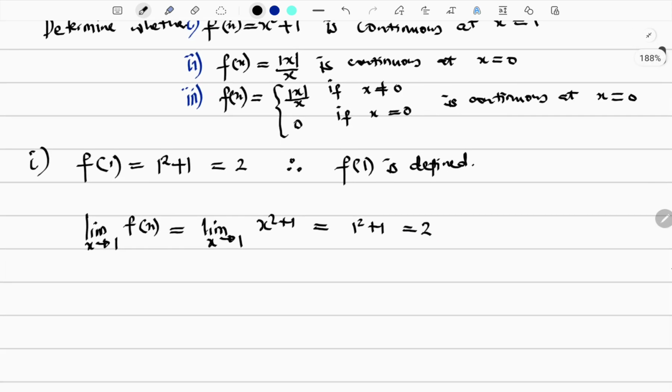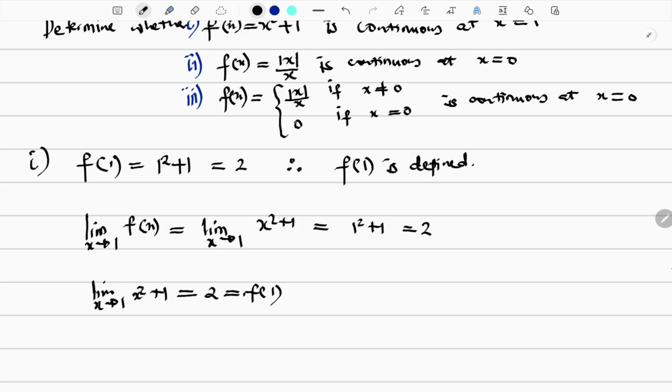And for the third point, the limit as x approaches 1 of x squared plus 1 is equal to 2, which is equal to f of 1.